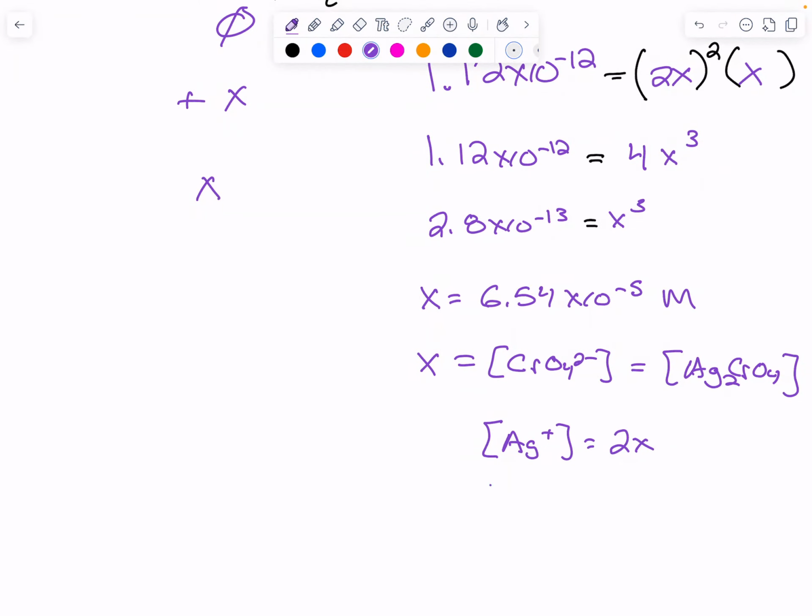And so the concentration of silver ion would be, what would it be? Yeah, 1.31 times 10 to the negative 4 molar. Zooming back out.